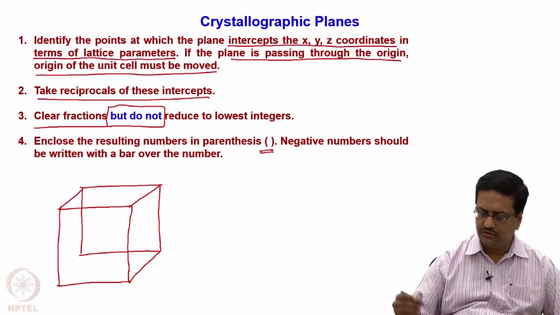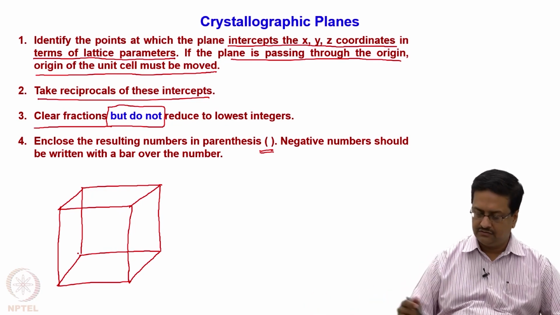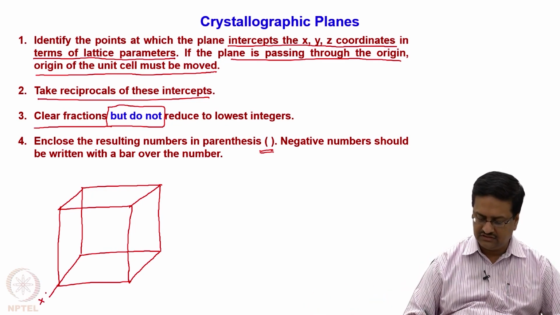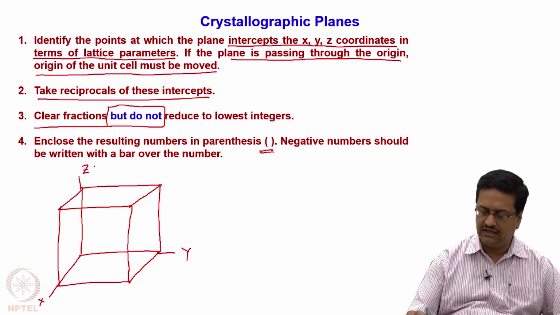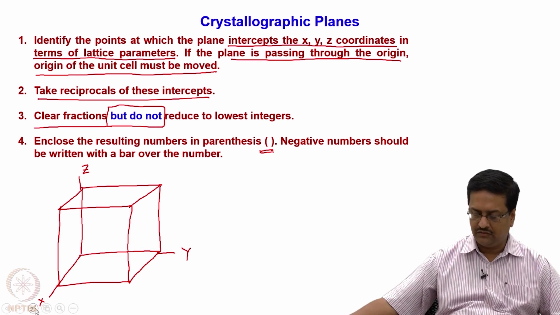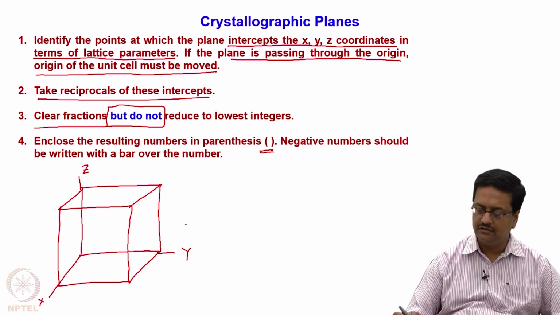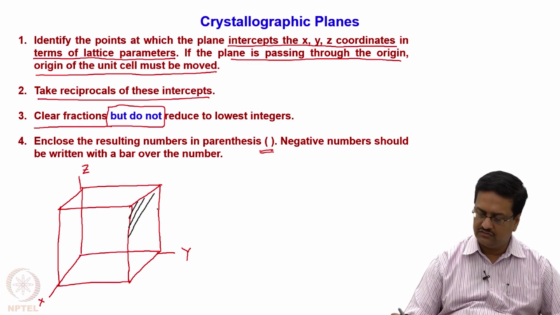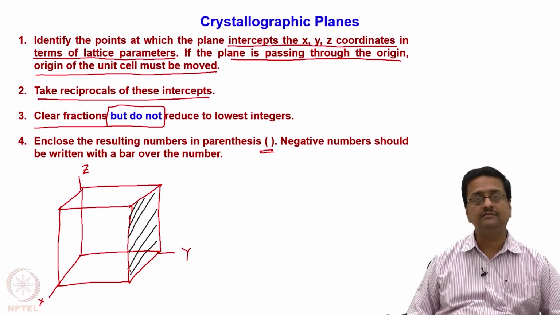So I have drawn a cube, and in that, as usual, this is my x direction, this is y, and that one is z. Here I want to designate a plane which is like that. This is one face. So what are the intercepts of this face on x, y and z?